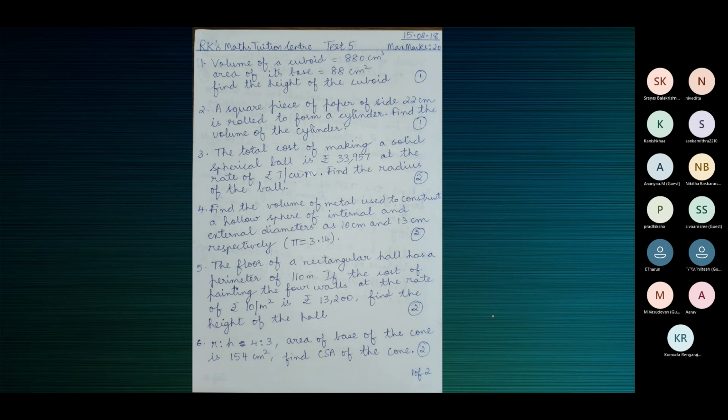Yes, ma'am. Okay. Now the ratio of the radius and height is given to you, 4:3. Using that, you can find the height. Radius is 7, fine. Now the ratio is given, 4:3.